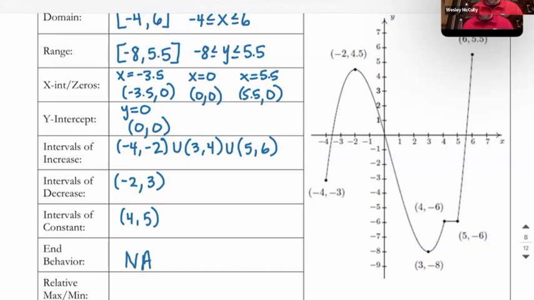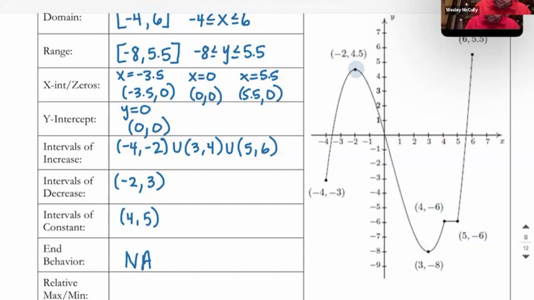When it changes direction, a lot of times that's where the relative extrema is. Look at what we have. You can see right here, we have this point. That's where it changed direction. It was increasing and then it got to that point and then it started decreasing. So that is our relative extrema.